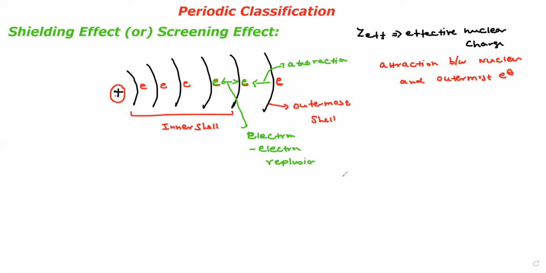The inner electron repulsion is going to decrease the attraction between the outer electron and the nucleus. Due to inner electron repulsion, this electron is not attracted fully by the nucleus. This factor is called the shielding or screening effect.